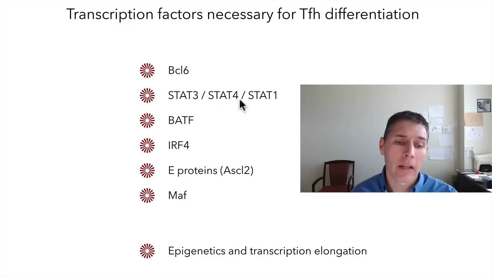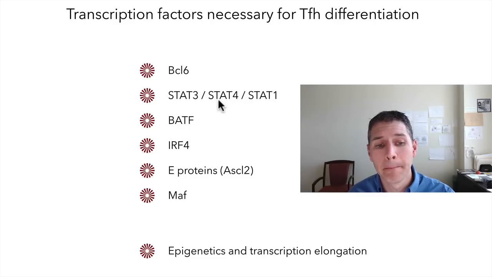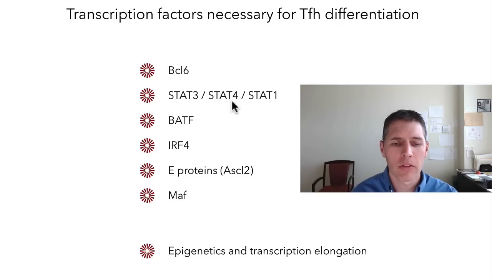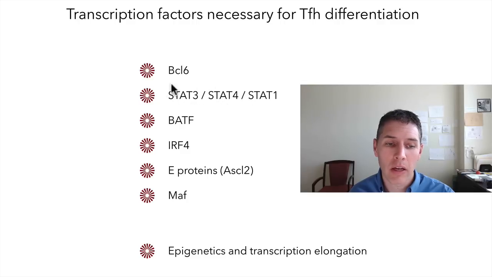Now, while STAT3 and STAT1 are important for murine CD4 T cell TFH differentiation, and STAT4 has some role, in humans it appears that either STAT3 and STAT4 have equivalent roles, or that STAT4 may even have a more prominent role.